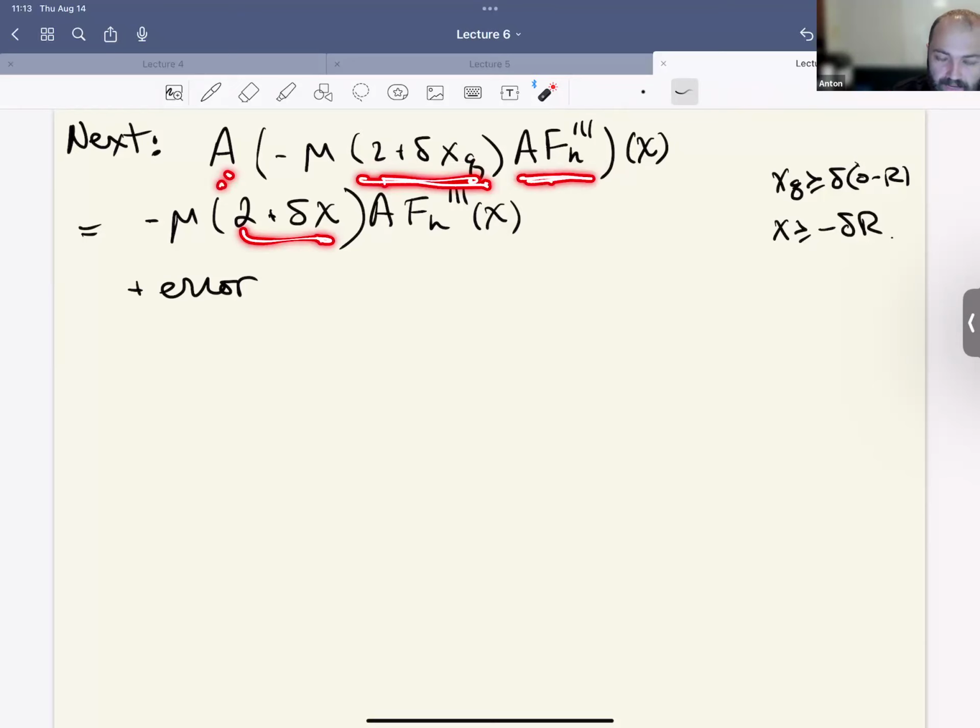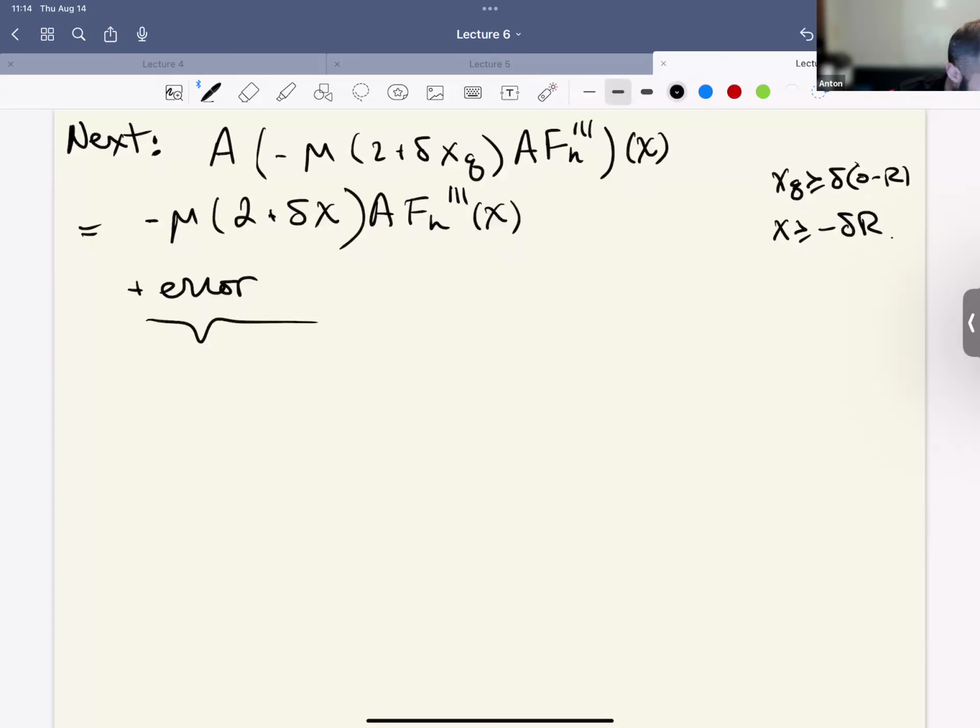A applied to AF triple prime, well, that's going to be just AF triple prime plus some error term. And what is the error going to look like if you sit down and do it? You're going to get less than or equal to C times delta squared AF sub H for derivatives.